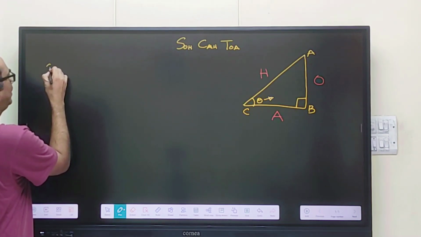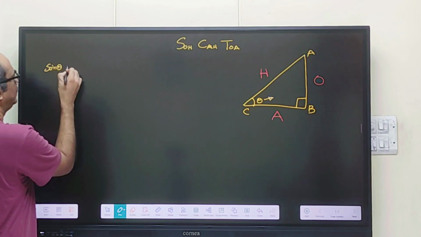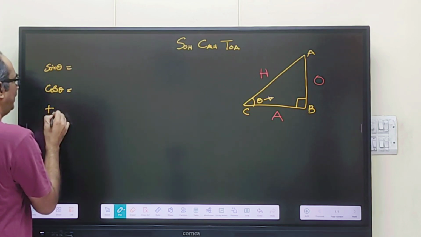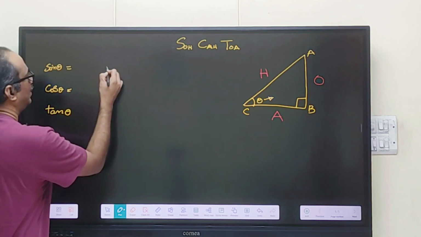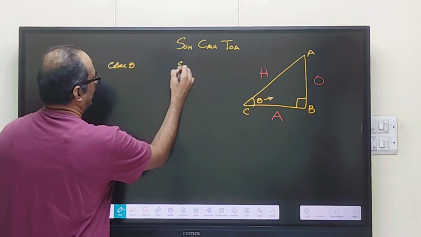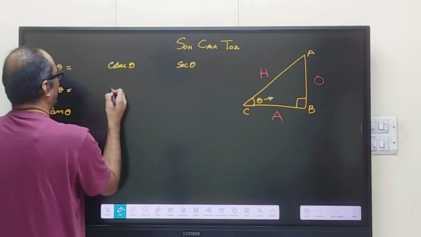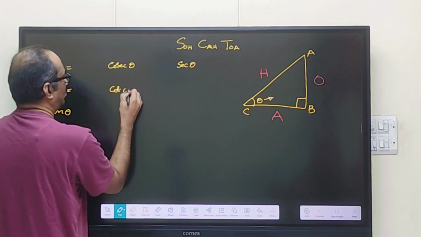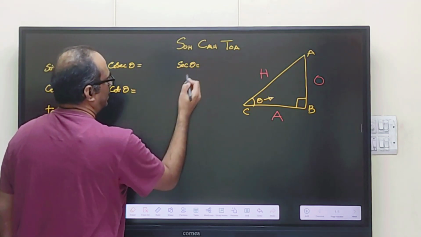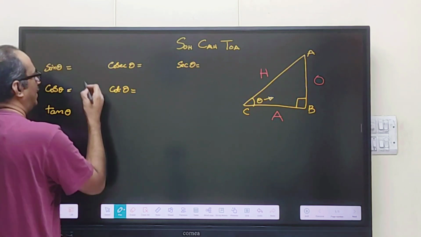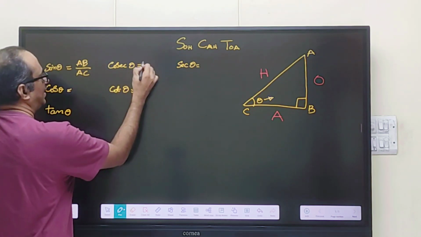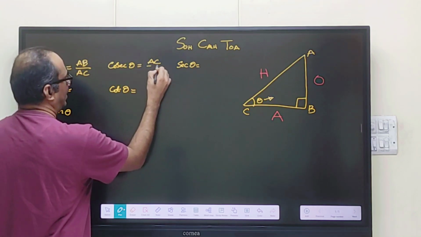So I will write down here sin theta, cos theta, tan theta, cosecant theta, secant theta, cot theta. Sin theta is opposite by hypotenuse, so I can say AB by AC. Then immediately we know cosecant theta is AC by AB.